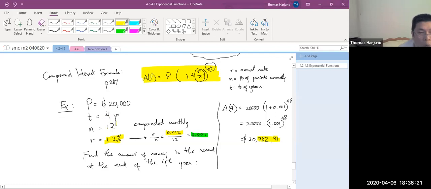If I increase that to 24, you will see this number will increase. So let's say n now is 24, then in 4 years, the money will be 20,000 times 1 plus 0.0005 to the power of 96.